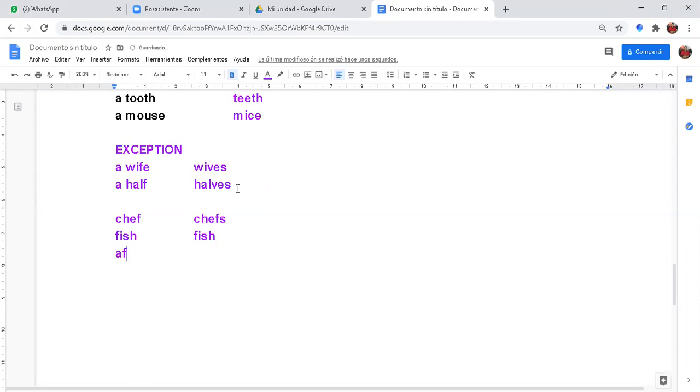It will be a fish, specific, fishes, it's possible. Or also it's possible fish. But it's not all the time, so you must be careful with this.